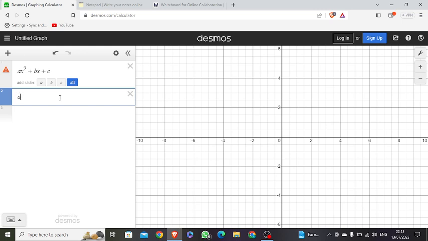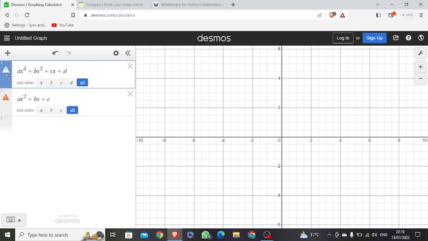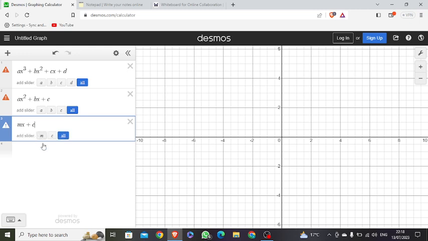Or we could even put ax cubed plus bx squared plus cx plus d, which is even, and we can go pretty far. Okay. Oh, and we can also do mx plus c, and we can also do c.